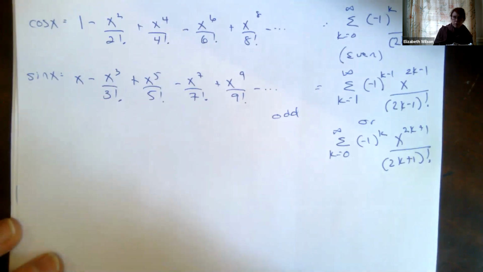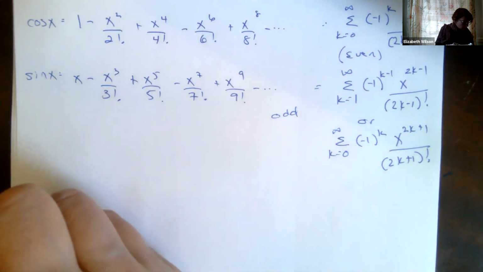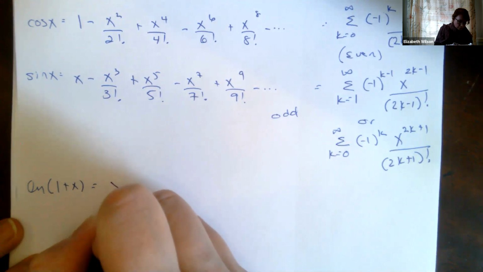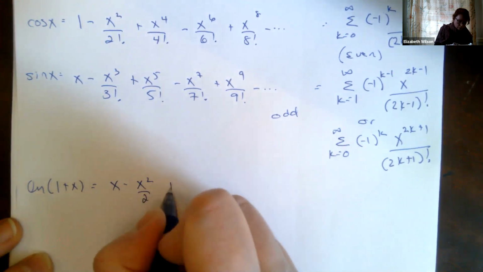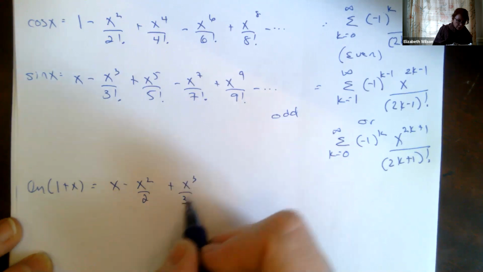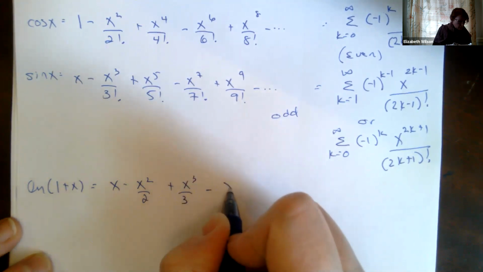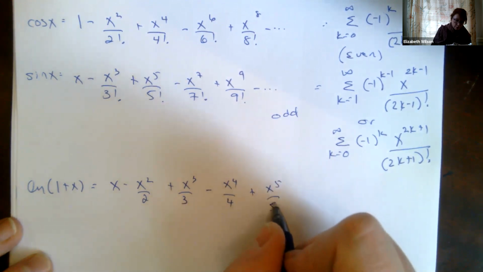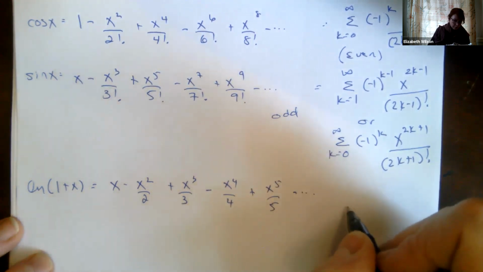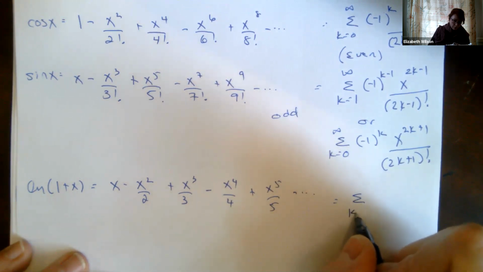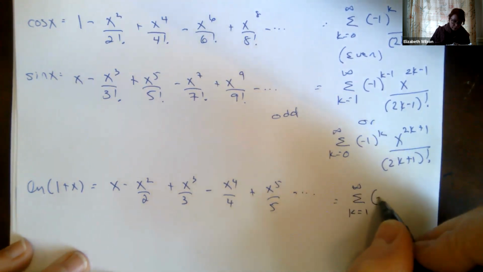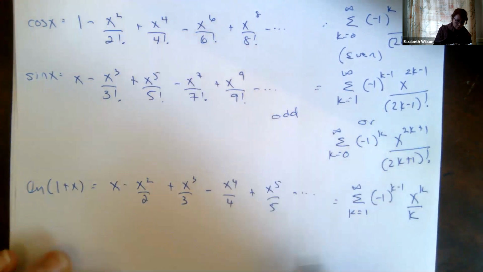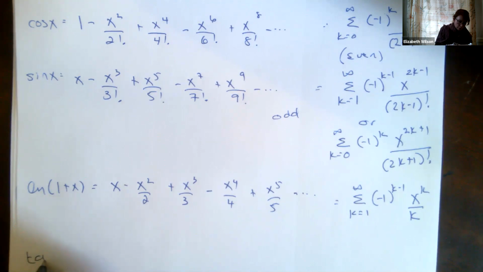Okay, we're running out of time, so let me do this really quick. So ln of 1 plus x, we have just a couple more functions. Be careful, there's no factorial here, and the signs alternate. It looks similar to others, but there's no factorial. And then the last one I'll do is inverse tangent.